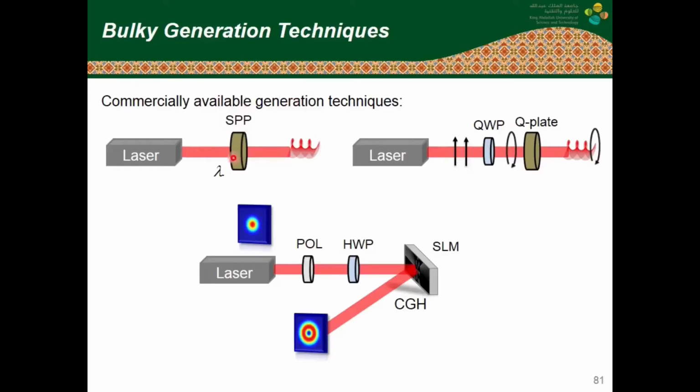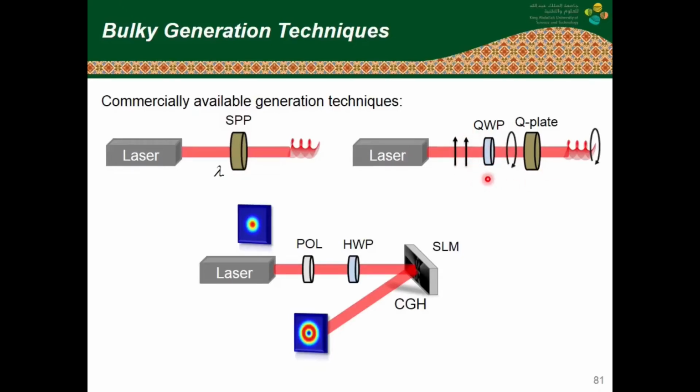You can purchase a spiral faceplate, but it will allow you to generate a single OAM at a particular wavelength. You can also use a Q plate, but your incoming beam should have circular polarization. Usually each Q plate is only for a single wavelength and also for a single beam. But there are some Q plates that are tunable in wavelength.